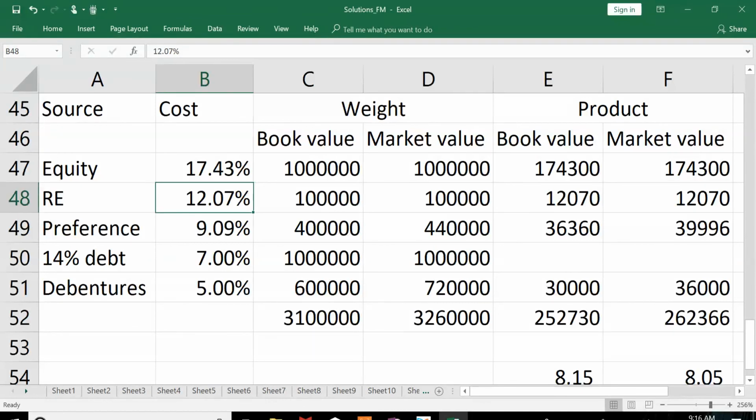Next, KR equal to KE into 1 minus personal tax rate into 1 minus flotation cost percentage. Do it and let me know the number. 13 point.